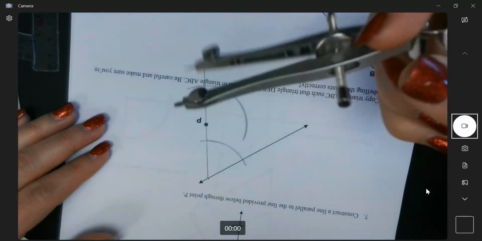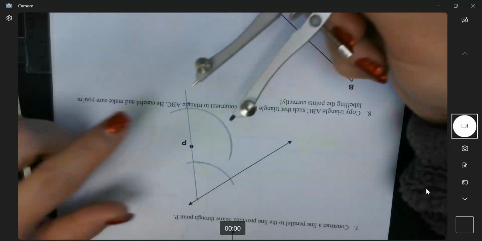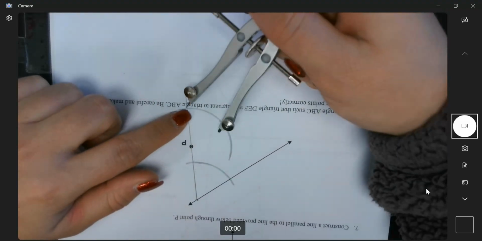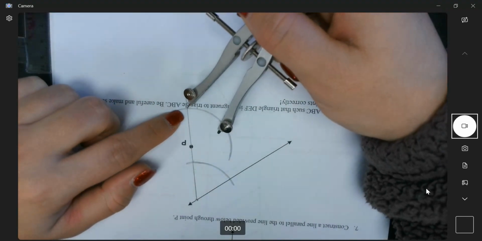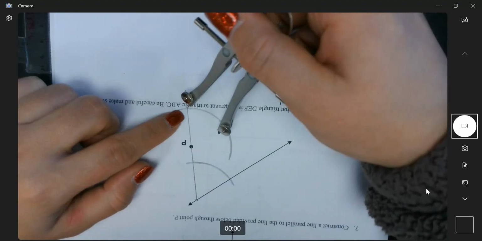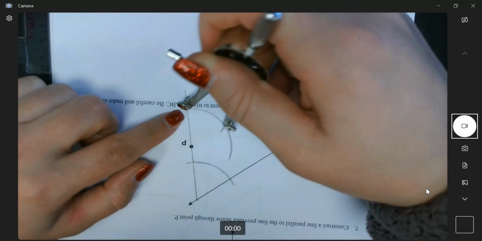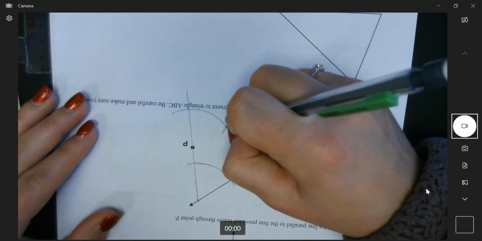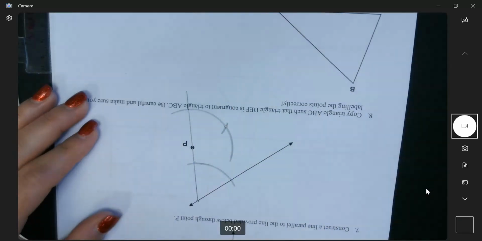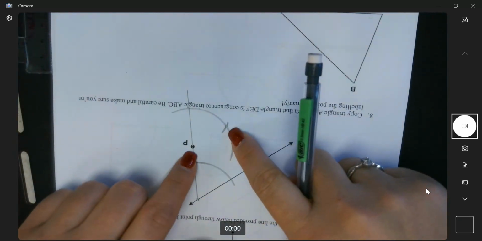Then I'm going to flip my compass around and place the point of it on where that intersection point is with the line we created, and make another arc. There we go. I see an intersection point right here, and that's the point, along with P, that I'm going to draw my parallel line through. So let's try that out.